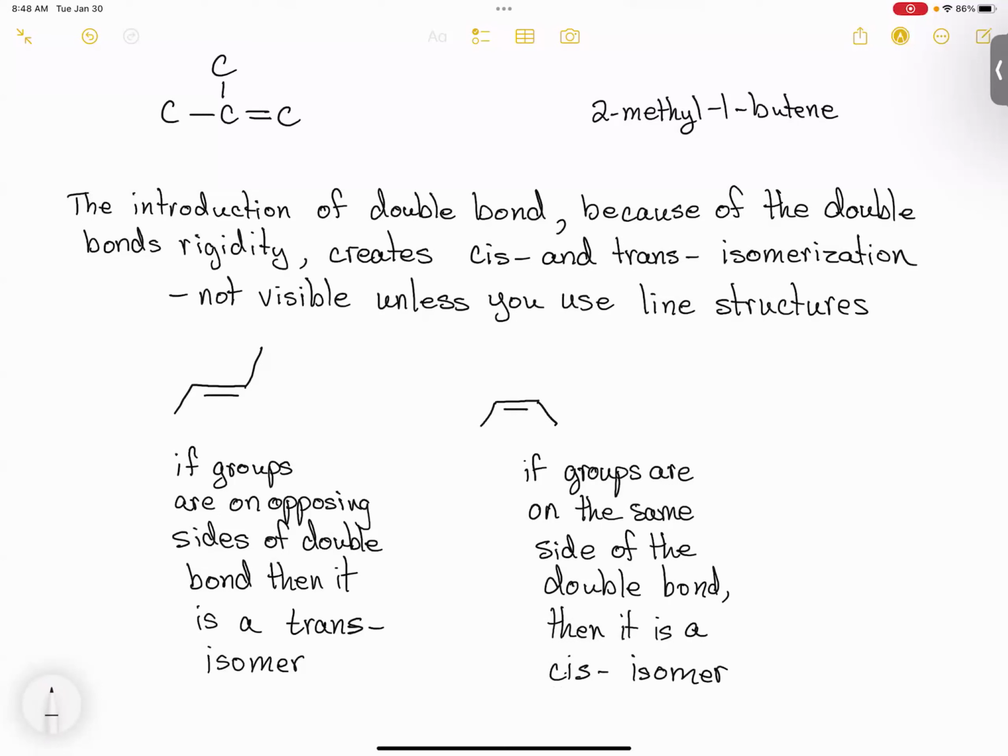So for 2-butene, we actually have two options. We have trans 2-butene and we have cis 2-butene.